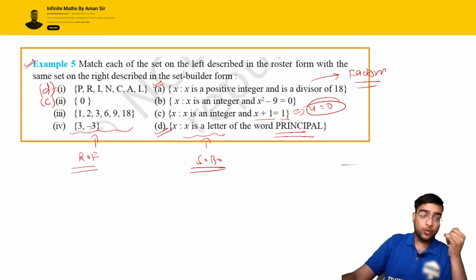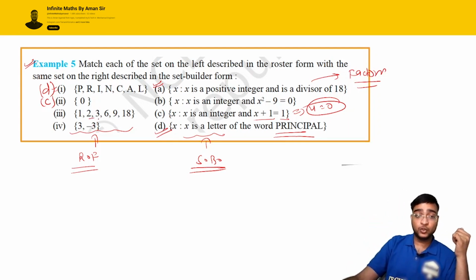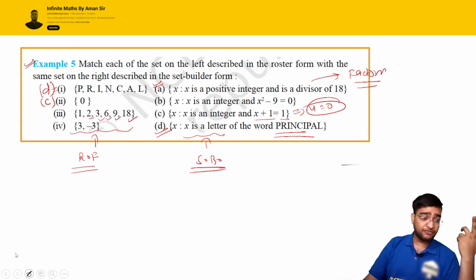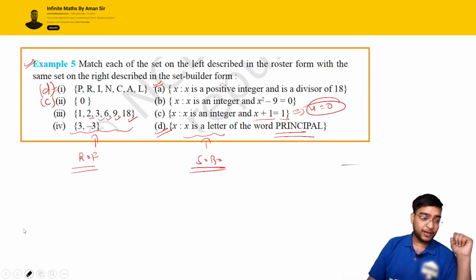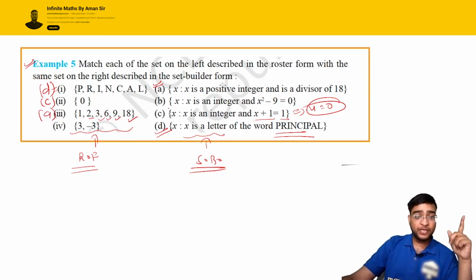So we can say 1 is a divisor, 2 is a divisor, 3 is a divisor, 6 is a divisor, 9 is a divisor, and 18 is a divisor. Do not say factors exactly, you can say the divisor part. So yes, this is the A.